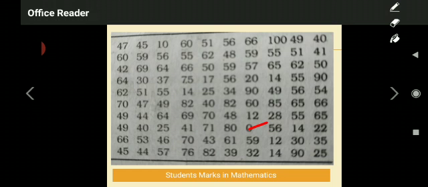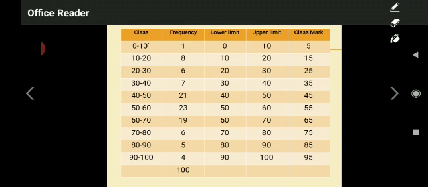If your class limit continues with the next one, 100 to 110, then you are not taking 100 in the class limit between 90 to 100. But if the class limit is over at 90 to 100, the last variable, that is 100, you have to take into account in the frequency. So only 4 students have got marks between 90 to 100 in the mathematics subject.